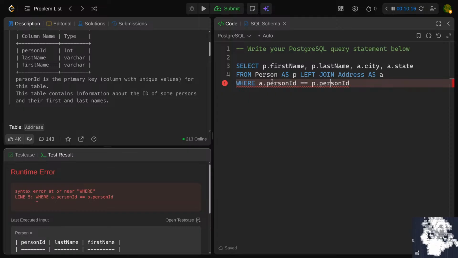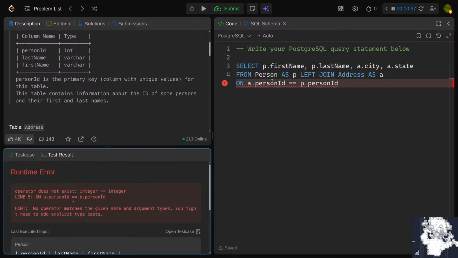Oh, I think this might be the difference between... actually, I'm not sure. Like, because there's also on.